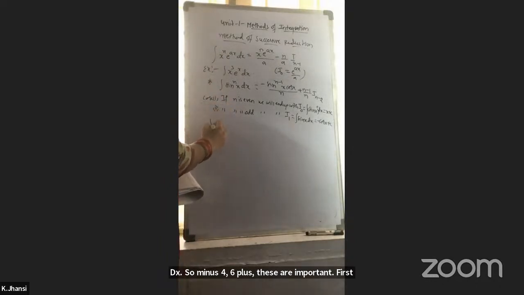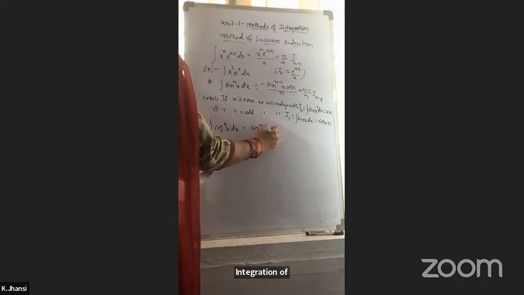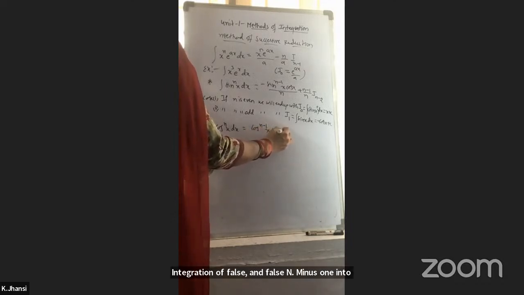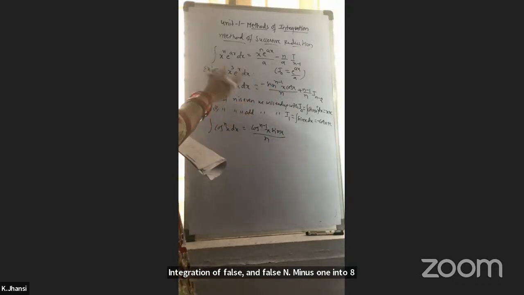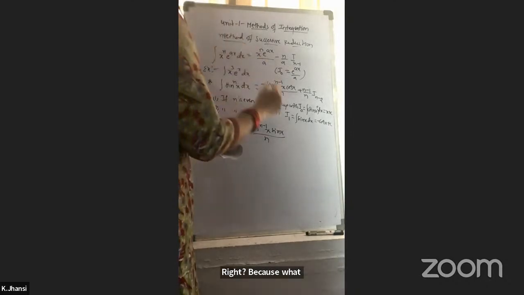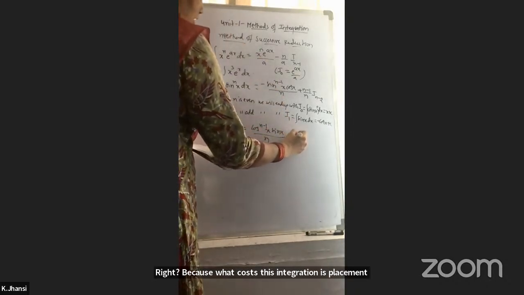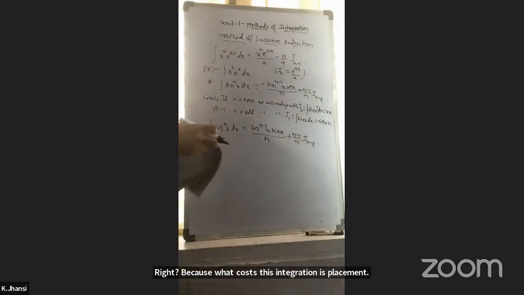And integration of cos n x dx formula is cos n minus 1 into x sin x by n. Minus will not be there, why? Because sin x integration means minus cos x will be. But cos x integration is plus, no? Plus n minus 1 by n I n minus 2.